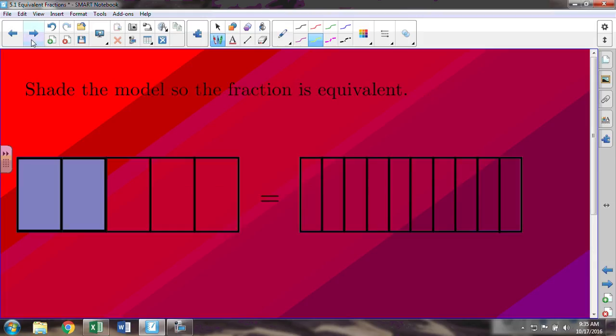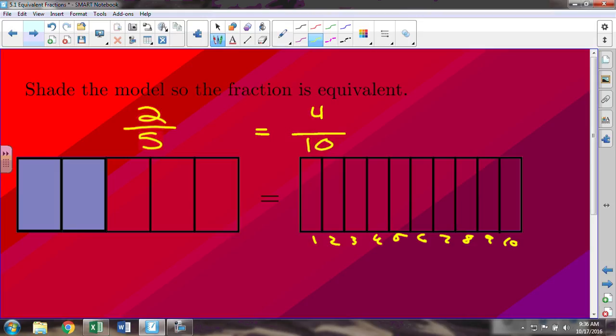What about here? We're going to shade them. We're going to note this particular one is the fraction 2 out of 5. And when we count down here, 1, 2, 3, 4, 5, 6, 7, 8, 9, 10. What would the top number be?